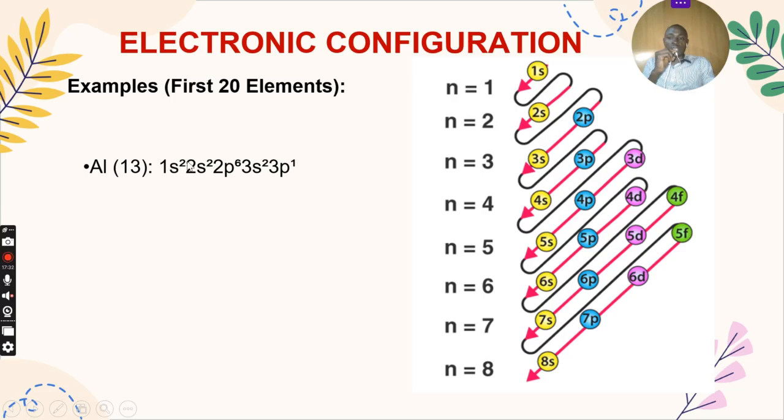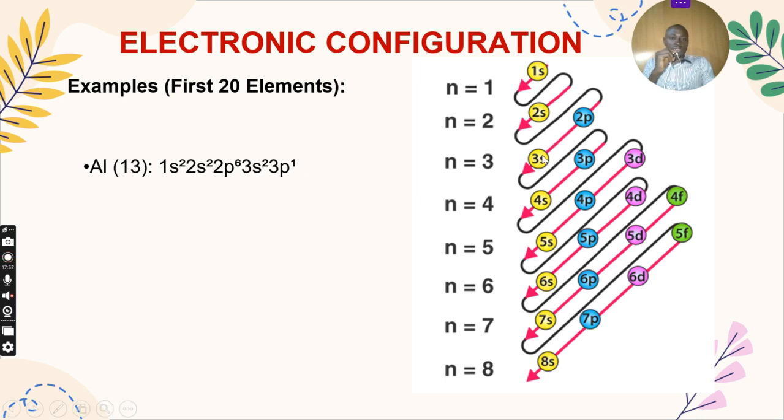It has 13 electrons, so 2 electrons will go into the first subshell, 1s2. The next 2 electrons will be given to the second subshell, 2s2, and the next energy level is 2p. 2p can take 6, 2p6. So count 2 plus 2 plus 6, 10 in all. Remember, there are 13 electrons.